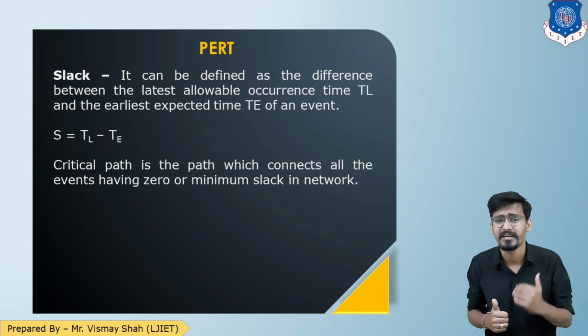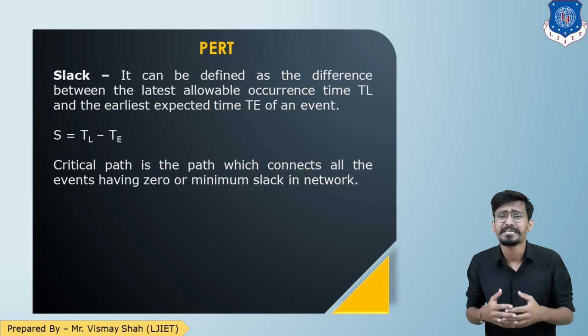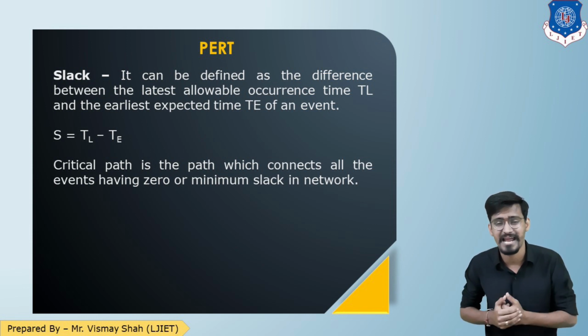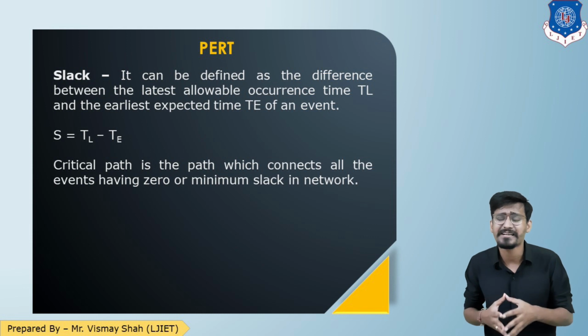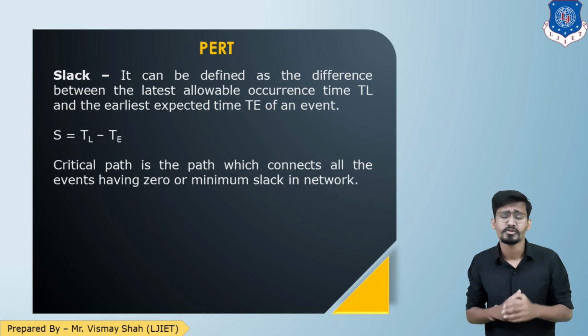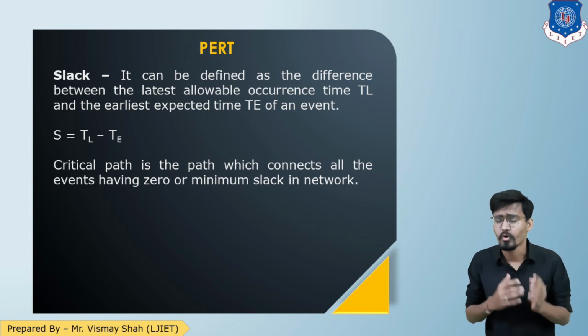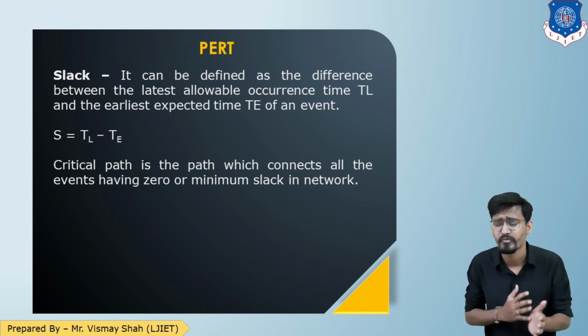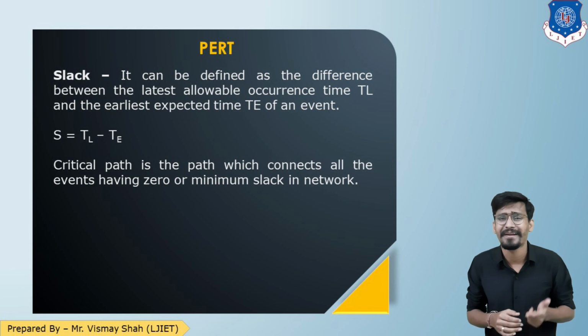The critical path is the path connected by the activities having slack 0 or minimum slack. Those activities having slack 0 or minimum can be considered critical activities in the PERT method. So I hope we are clear about total duration: we have to follow the forward backward fundamental. For the critical path, we need to find the slack.